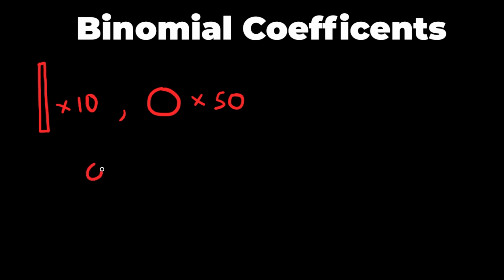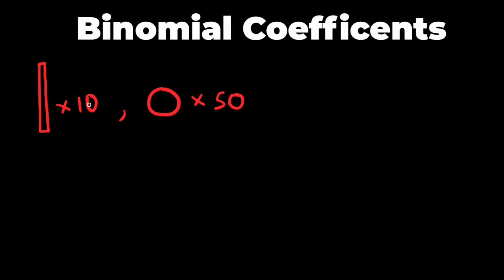One way would be ball, stick, ball, ball, stick, ball, ball, ball, ball, stick, stick, ball, etc., until I've used up all of these. So what you could do is count the number of ways, but that would take an incredibly long time, and so this is not typically done.